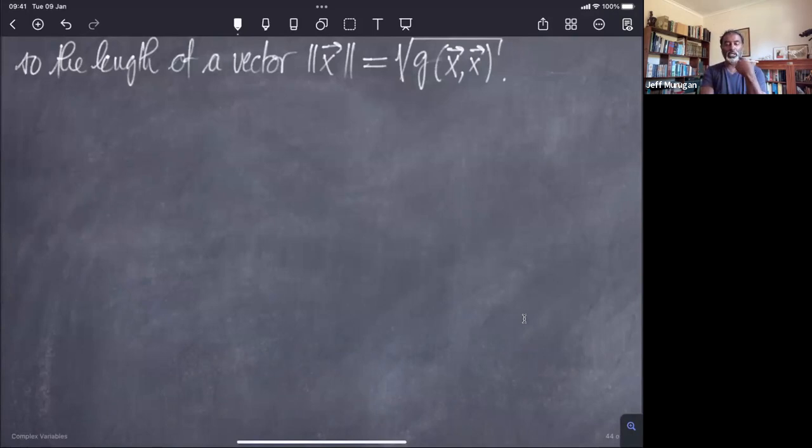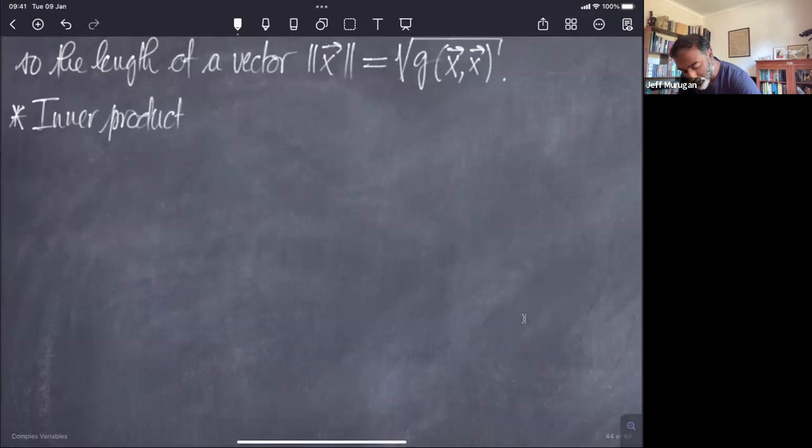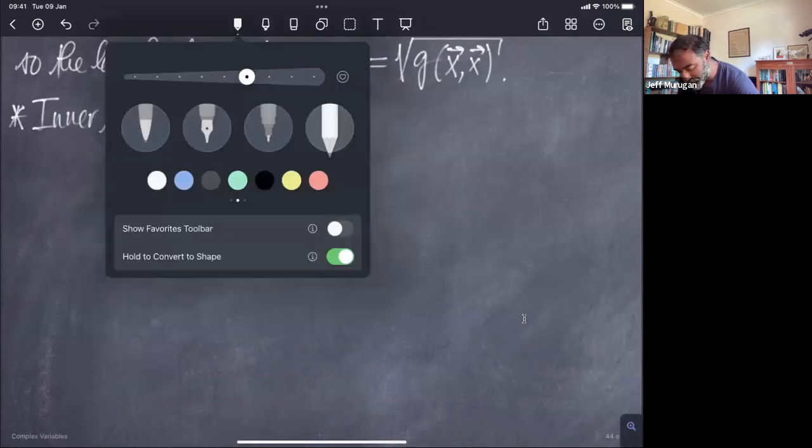And we can calculate the metric components by looking at the action of G on the basis vectors. So the inner product induces a metric on the space.